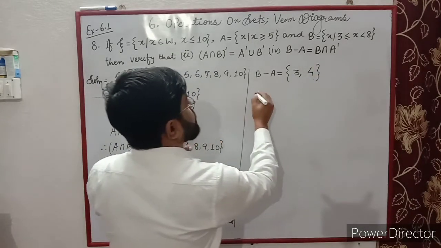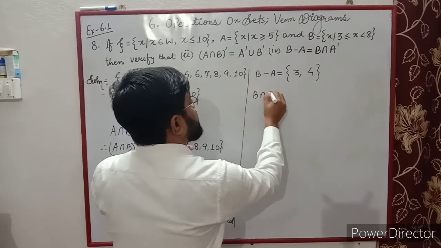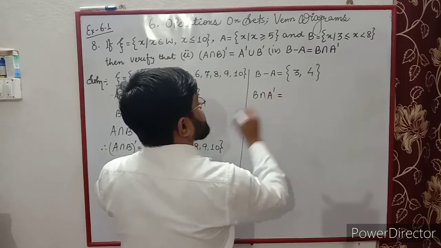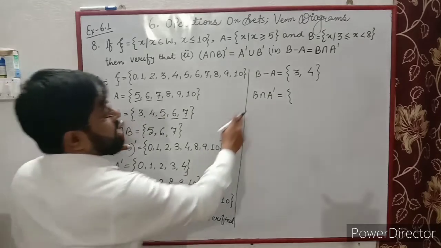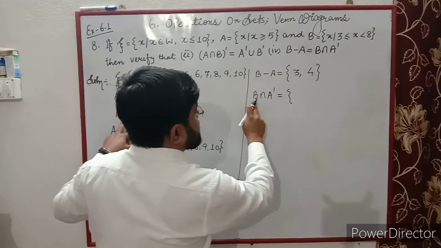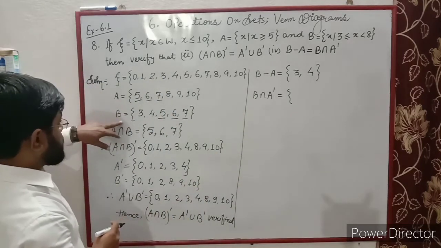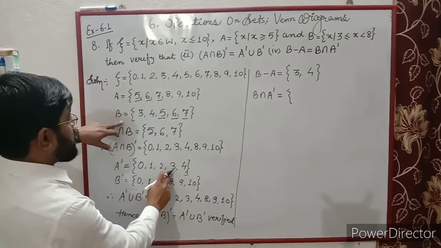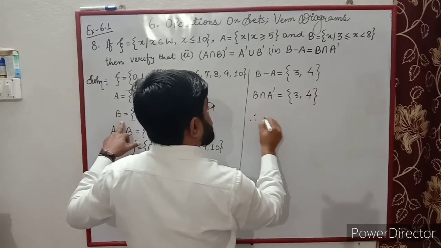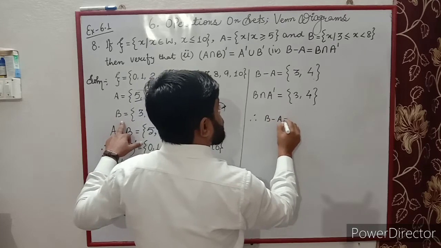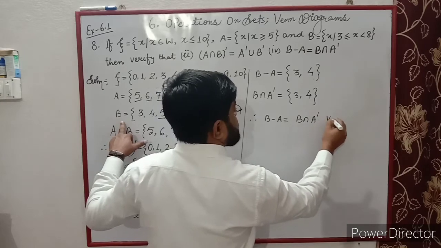Now B intersection complement of set A. Write all those elements which belong to set B and complement of set A. So 3 and 4. Therefore, B minus A is equal to B intersection complement of set A. Verified.